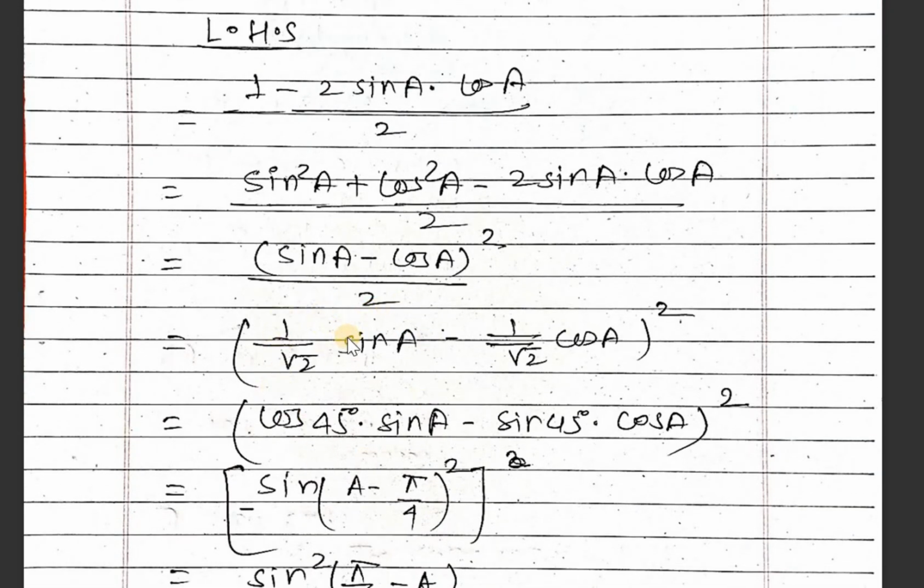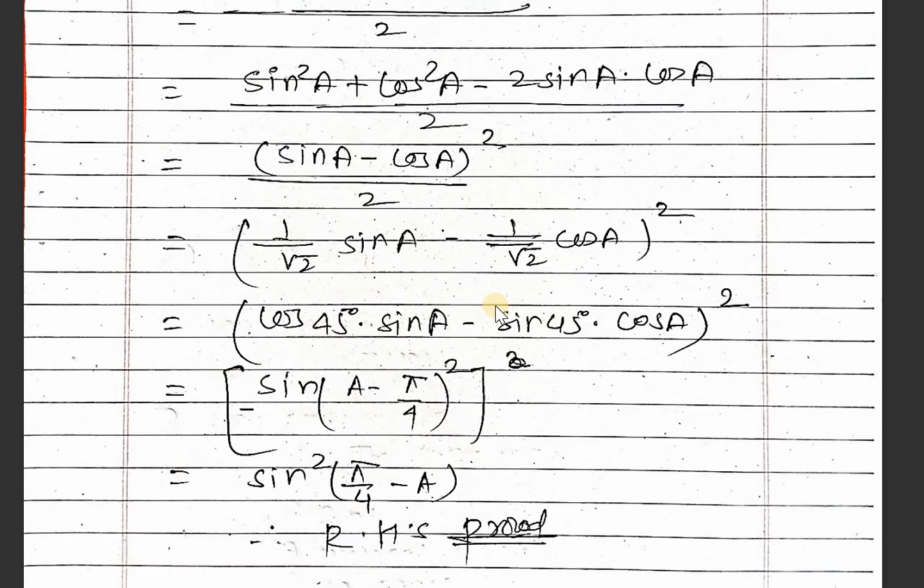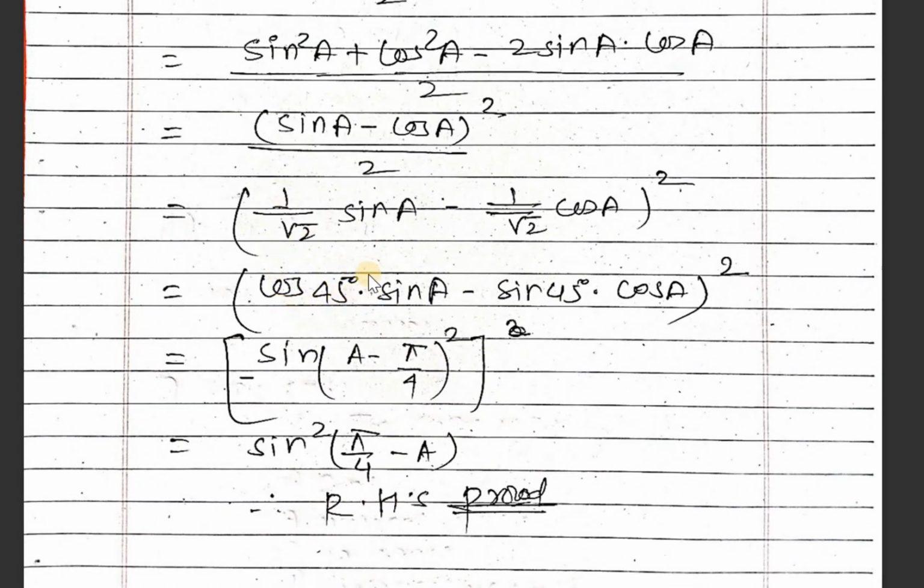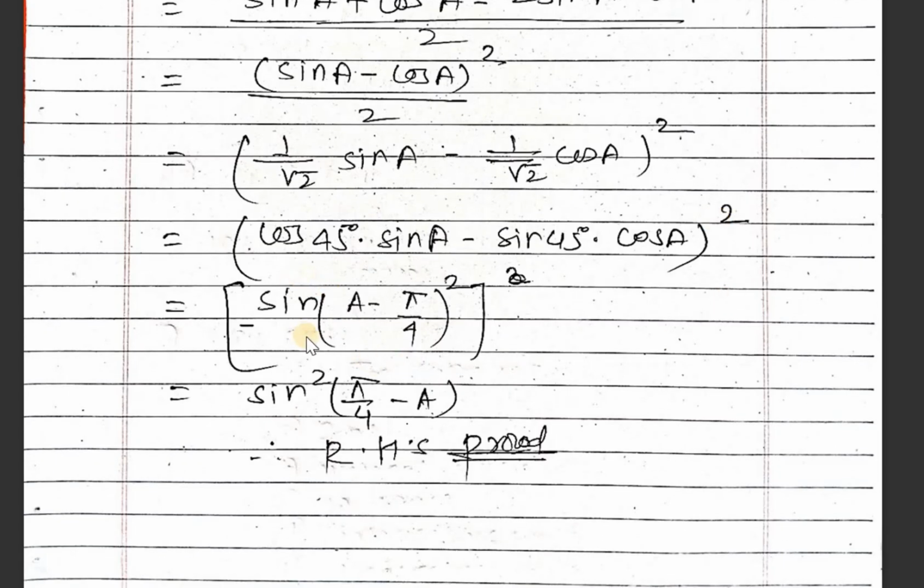Or we can write this equation as (1/√2 sin a − 1/√2 cos a)². 1/√2 is cos 45 degree and again 1/√2 is sin 45 degree. So sin(a − π/4) whole square.